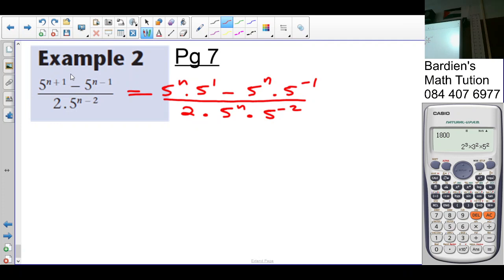Now what? The common factor. Although 5 to the 1 is also a common factor on top, I'm not going to take that out as a common factor. I'm just going to take out the one with the variable. So I'm going to take out the common factor of 5 to the n on top. So do that quickly.